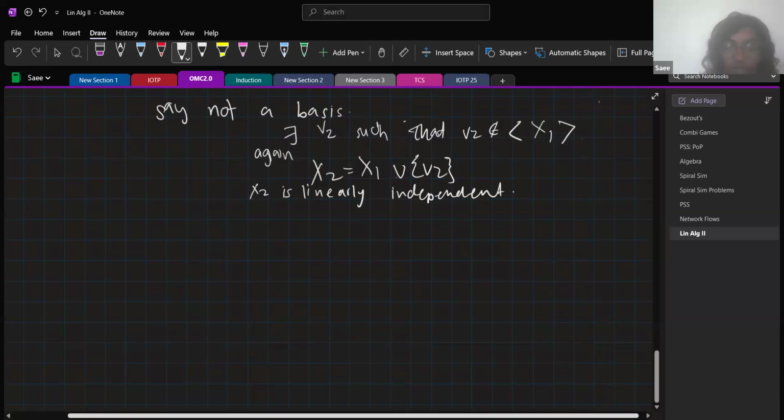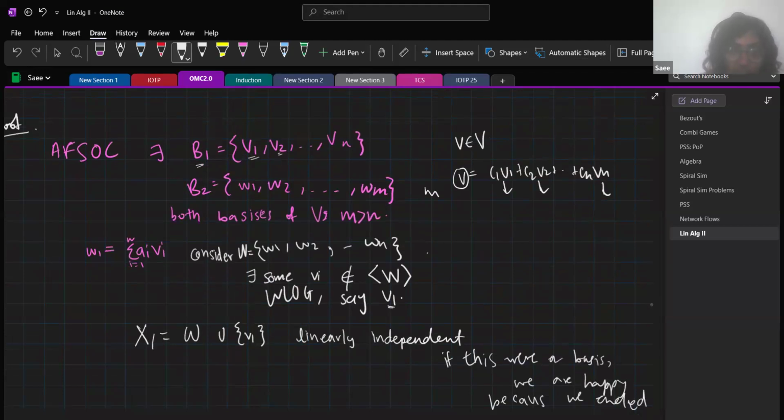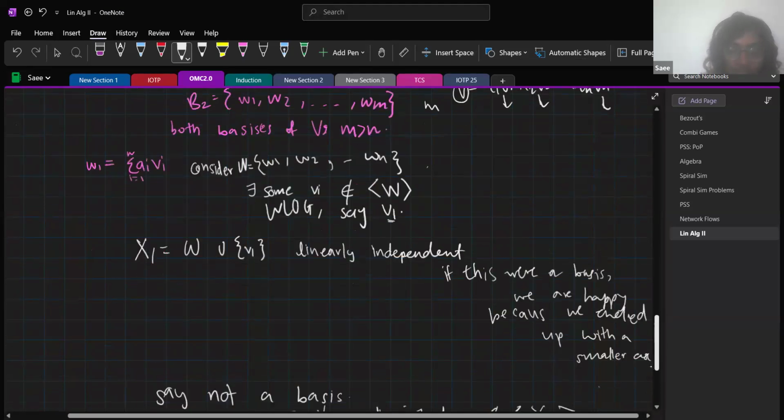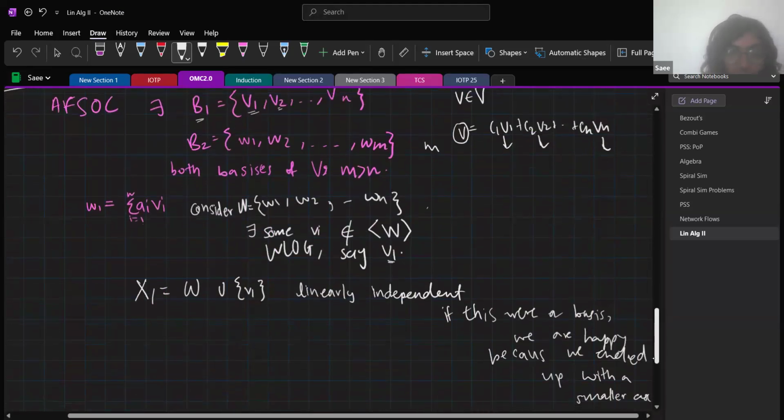If we stop somewhere in the middle, we are happy because we are ending up with two smaller things. We're starting off with M and N, and we're ending up with something less than M and N. So that's happy. But what happens if we keep on doing this for a very long time?